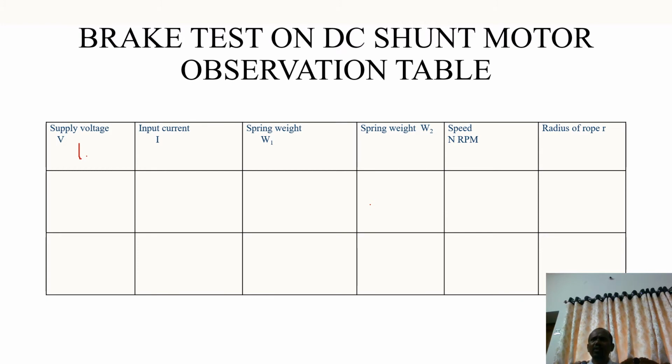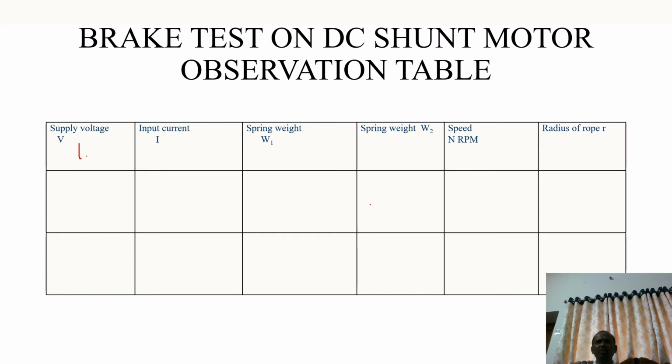When applying the load, the speed of the DC motor decreases and the load current increases. The increased value of the input current you can note in the second reading, approximately 10 or 10.5 amperes. There is also a change we observe in the spring balances.